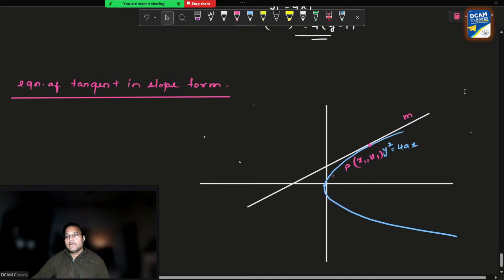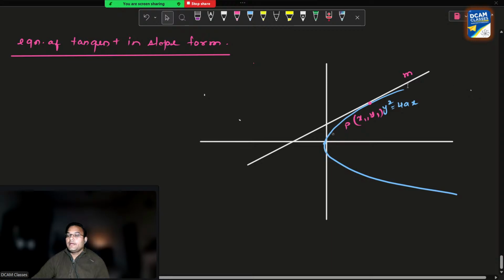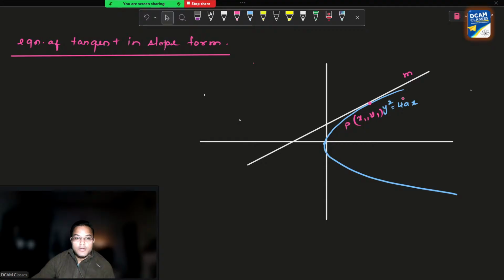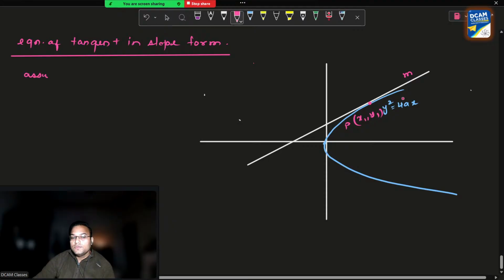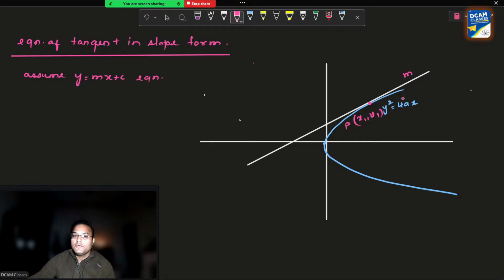Okay, now our task is, see, you have to find out the equation of tangent in slope form, in terms of m and only a, and also you have to find out the point at which the tangent is there. So I'll make it easy for you. Equation of parabola is given as y square is equal to 4ax. You assume y is equal to mx plus c is the equation of tangent.